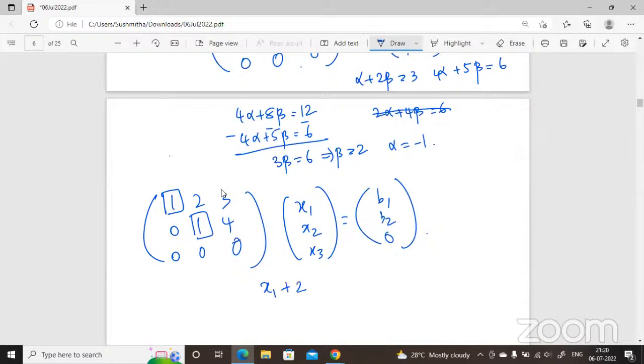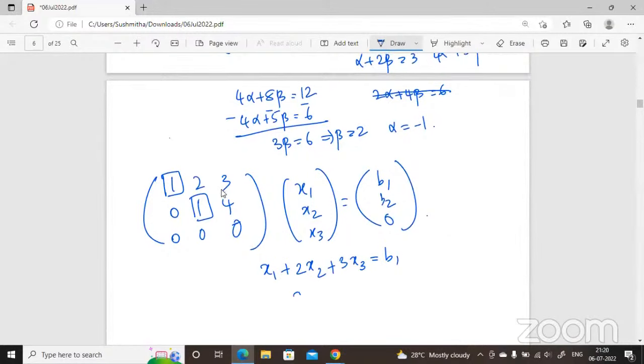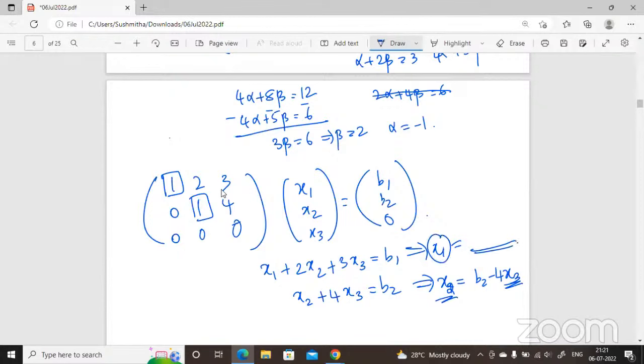So x1 plus 2x2 plus 3x3 is equal to b1, and x2 plus 4x3 is equal to b2. From here I can tell what x2 is: b2 minus 4x3, and then I substitute and tell what x1 is. So x2 is dependent on x3, so it is a dependent variable. And once I plug in those values here, x1 is dependent on x2 and x3, or only x3.